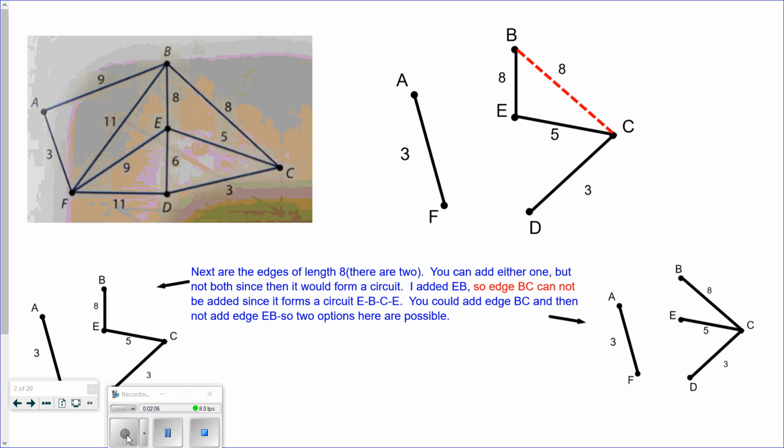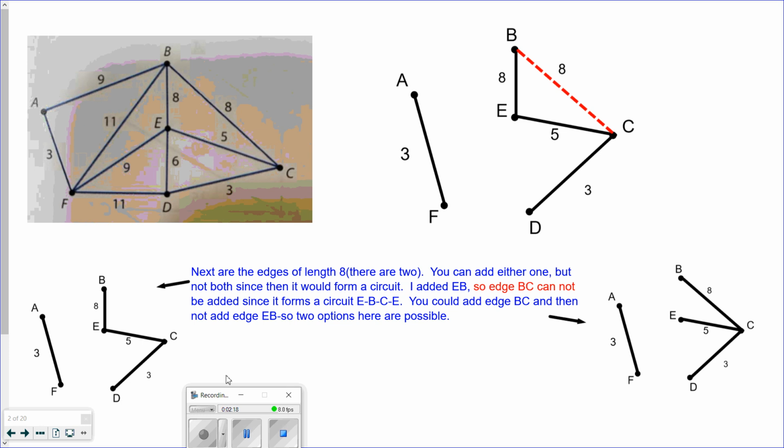All right, if I continue with that same graph up here, okay, so at the top here, there's the 3, and the 5, and then I just realized I can't add the 6.